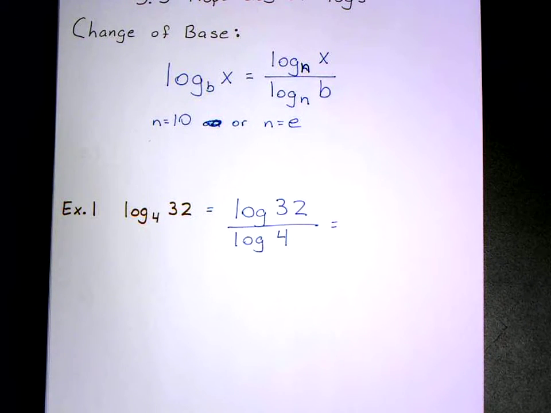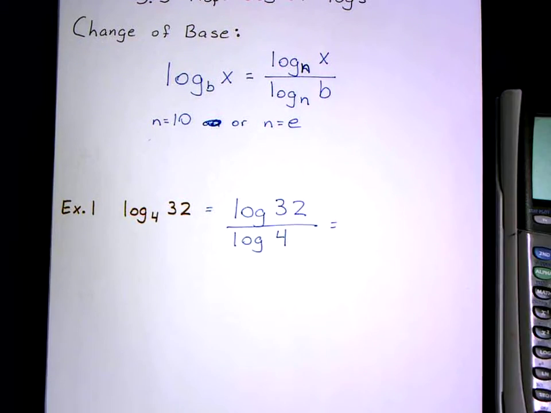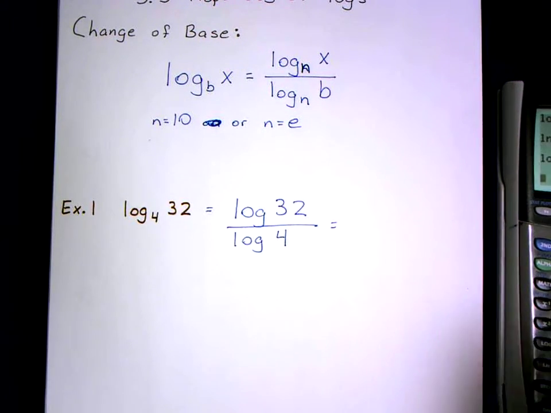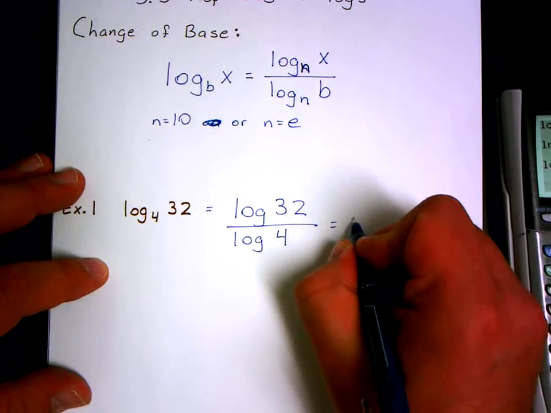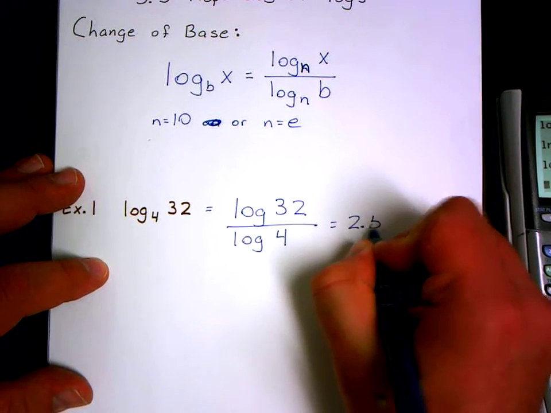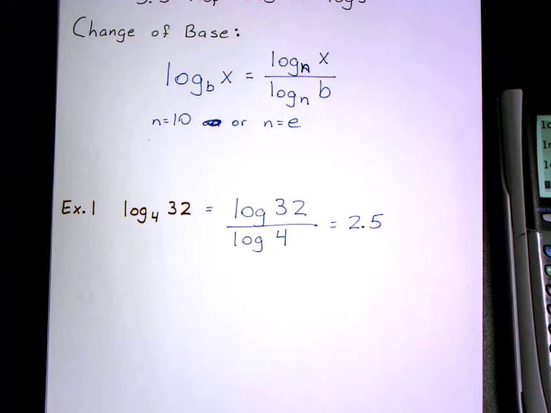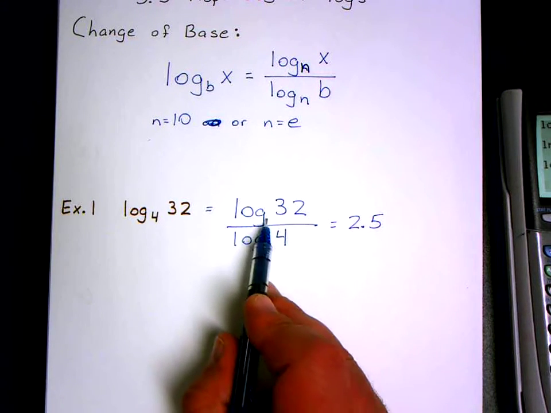So log 32 divided by log 4. And if you do it with ln, you'll still get the same answer. Doesn't matter what base you change it to, you would get 2.5. You have to have something for a base. With this one, I changed it to base 10.